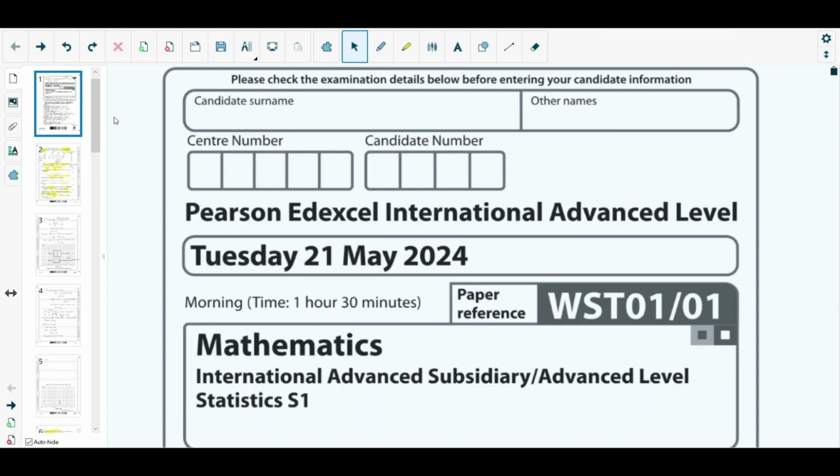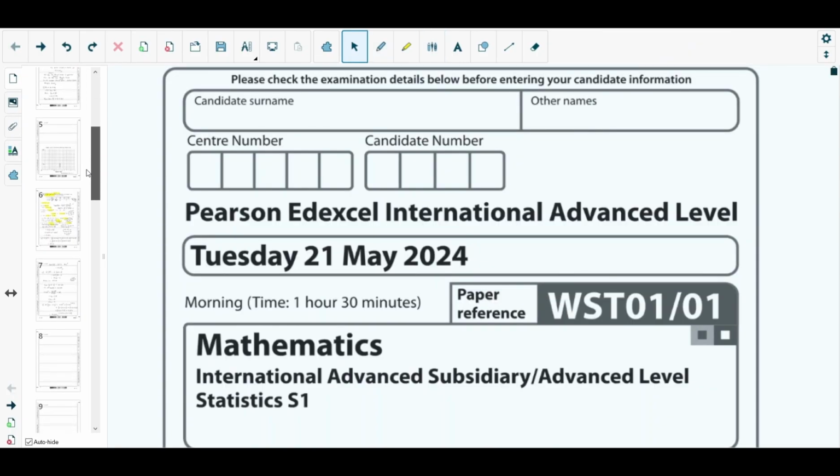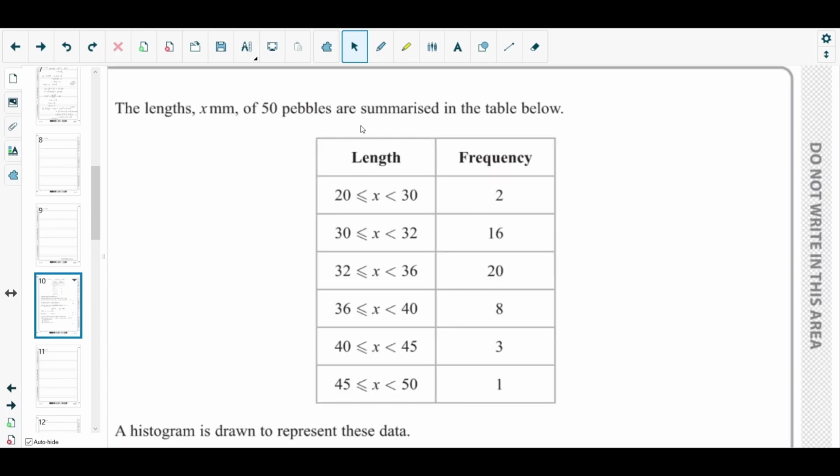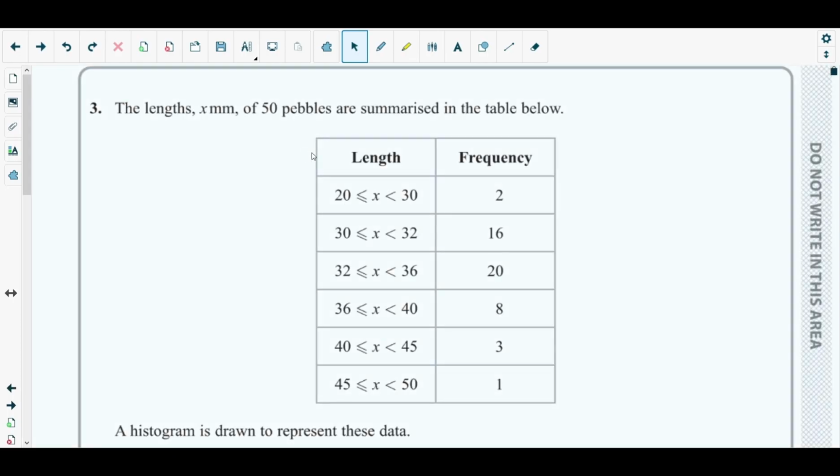That's it. So let's see what question number 3 is about. The concept behind question number 3 is from chapter 2 of your Statistics 1 textbook, named measures of location and spread.